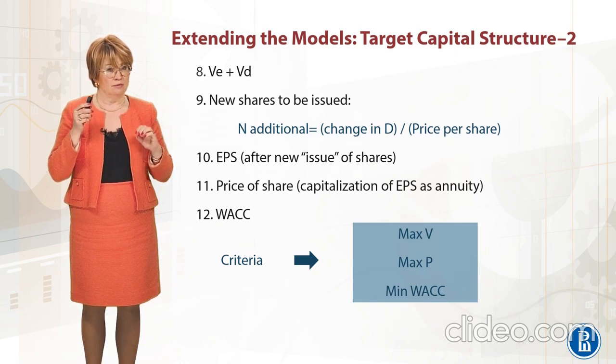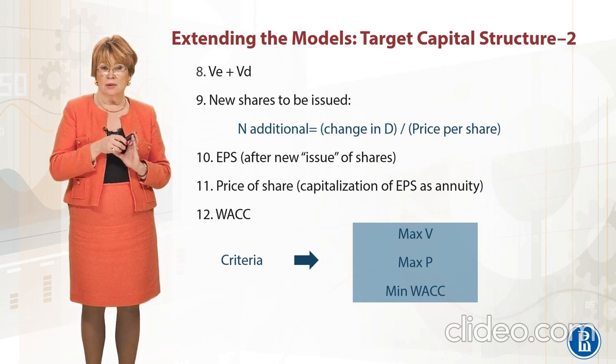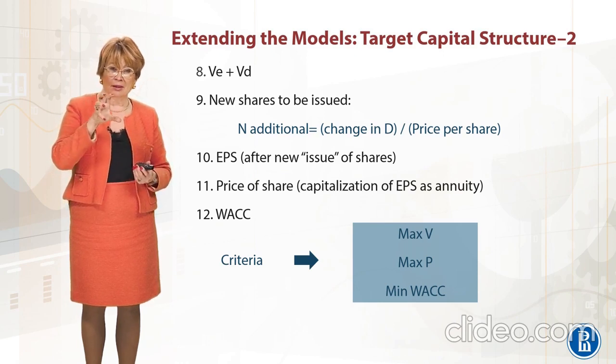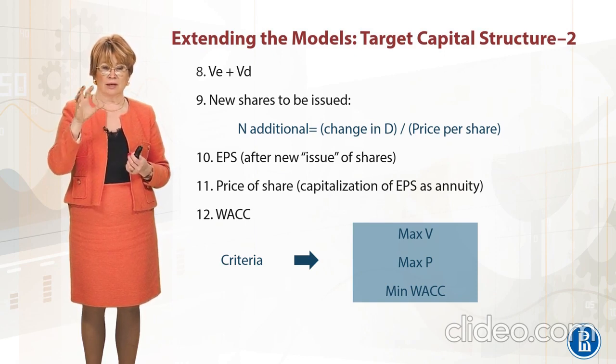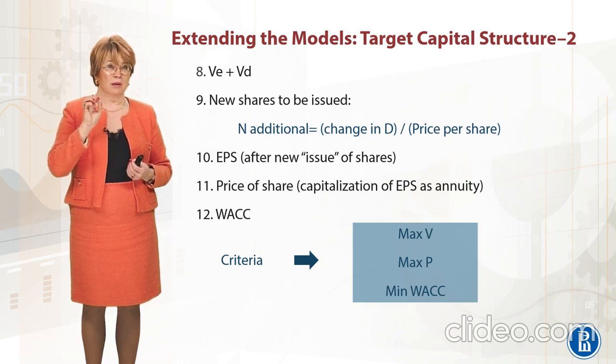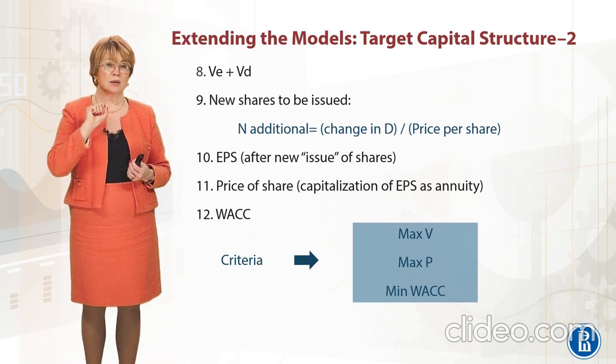But we should now divide them by the new amount of shares issued. And the shares outstanding would be lower than before because we are attracting additional capital through debt, but not equity.